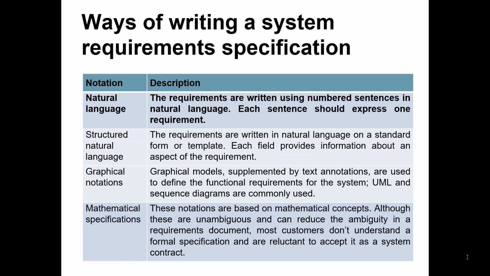Okay. Now, each sentence should express one requirement. You know, that's a very hard thing for us to do. If I take a look at any of the work that you've done so far, any of your academic writing submissions, any of your lab reports, I am quite sure that I will find sentences in there that say 2 things instead of 1.